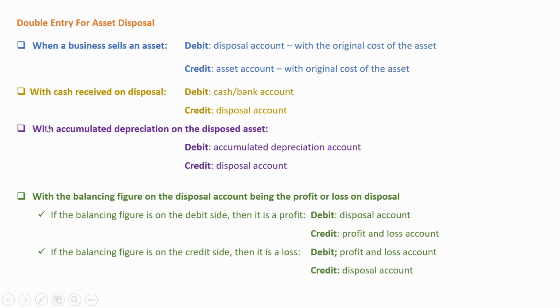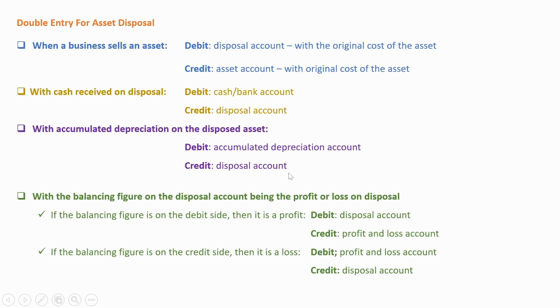The third one, with accumulated depreciation on the asset disposed. The accumulated depreciation for all the previous years since you purchased the asset up to the time when you are selling it, all that depreciation, you are going to debit accumulated depreciation account, then you credit disposal account.